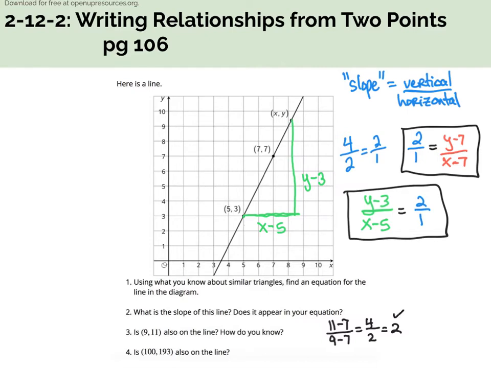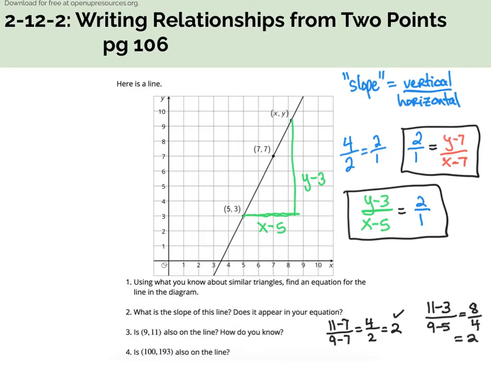Yeah, it is. So let's try our second equation and see if that one works too. Same thing. We're going to put in y minus 3, so 11 minus 3, because we're putting it into the equation up here, right? And then it's going to be over 9 minus 5. 11 minus 3 equals 8, and 9 minus 5 equals 4, and 8 divided by 4 is 2.